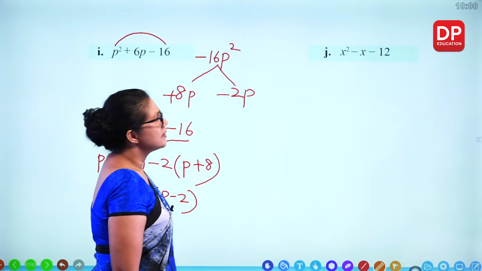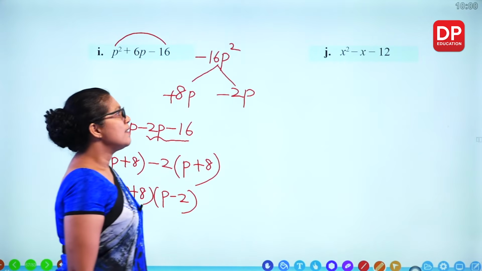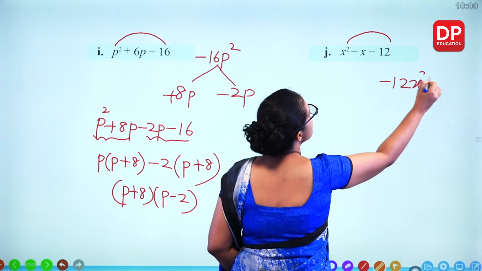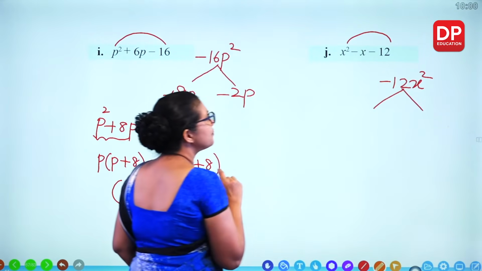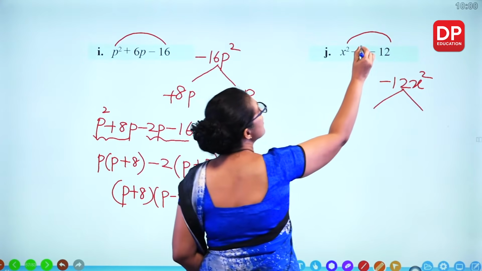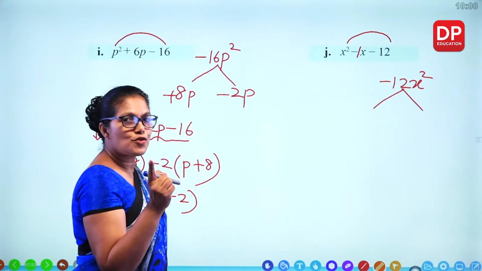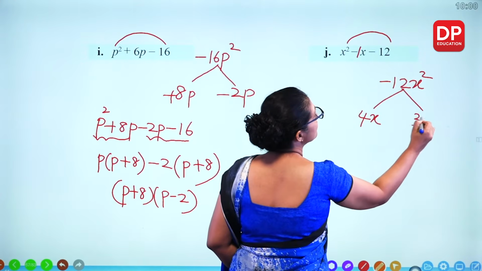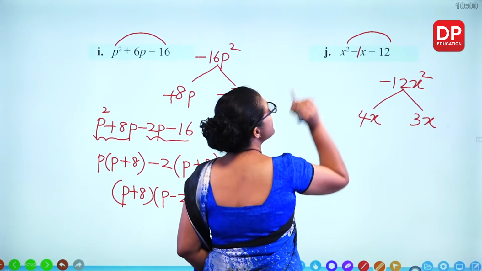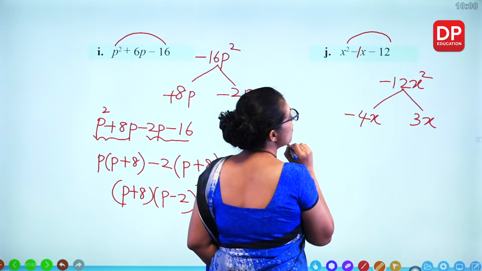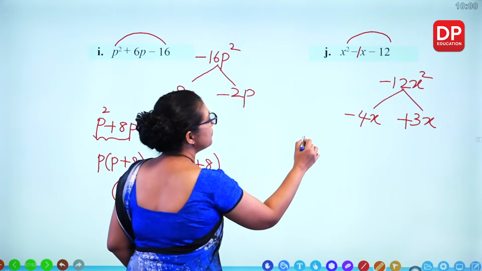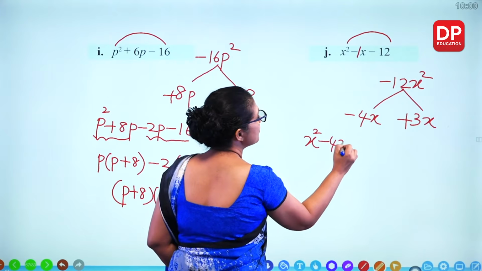This one, same thing. Final value is negative, means one is positive and one is negative. How do we find it? This is 1. Factors of 12, 4 and 3. Middle term is negative, means larger one is negative and the other one is positive. Now factorize.